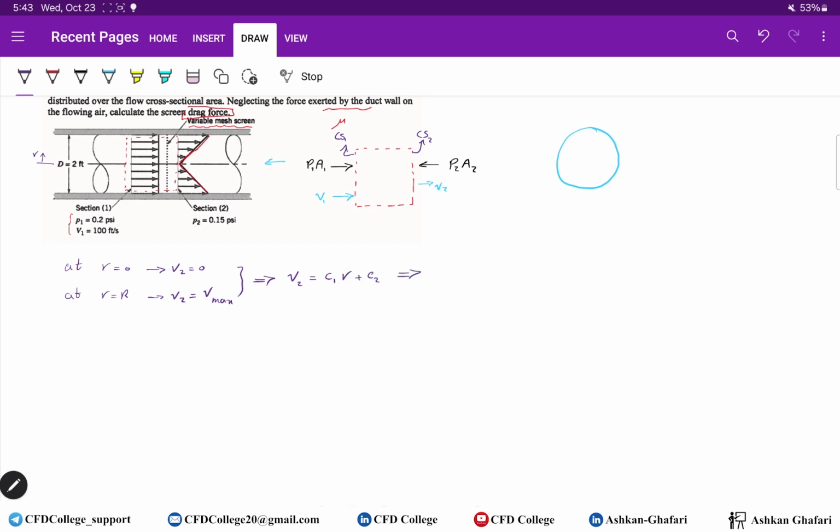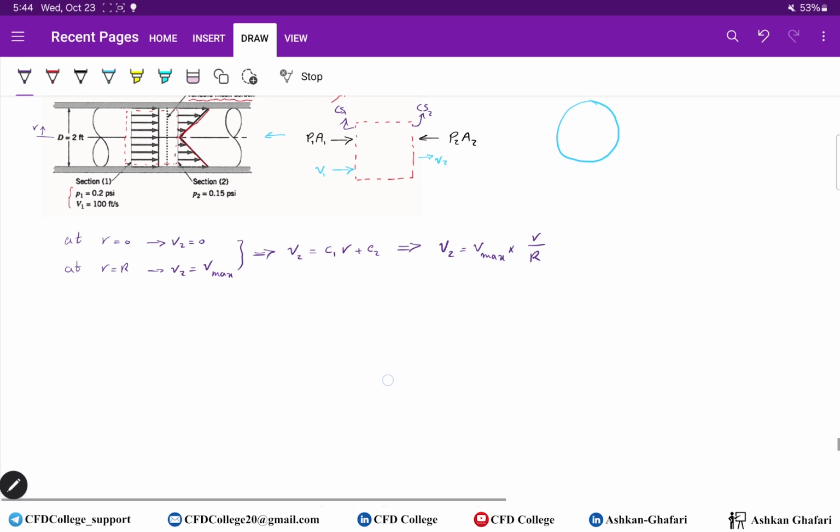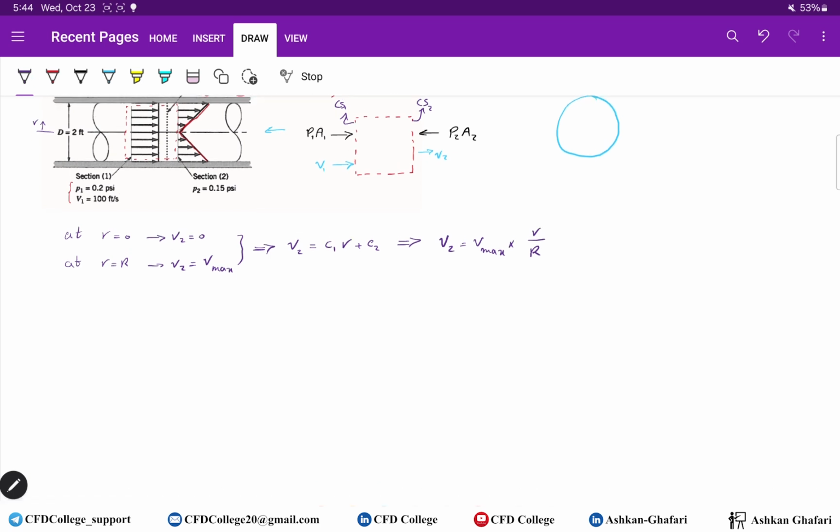If you do the math, you will see that V2 equals Vmax times r divided by the outer radius, which is 1 feet. Okay, we know V2, V1, and the pressure, so we consider this x and y axis, and we can solve it now.